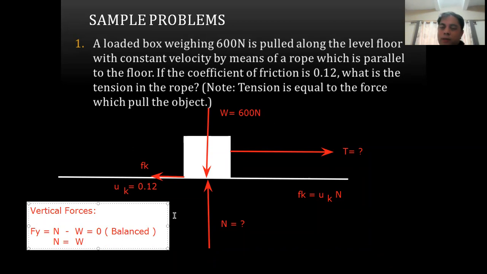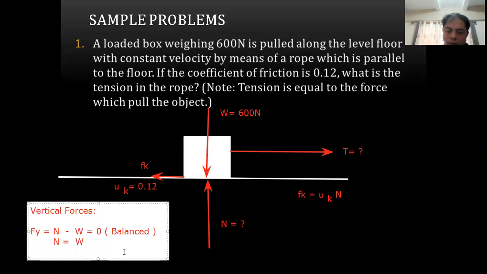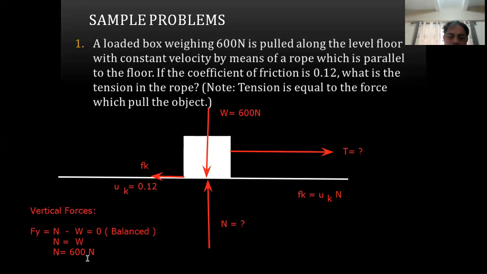So if N minus W is equal to 0, then N must be equal to W, and therefore N must be equal to 600 Newton. So your normal force on the vertical axis is equal to 600 Newton.